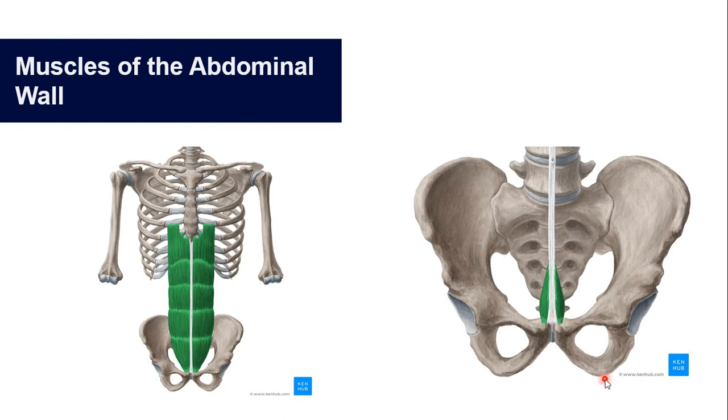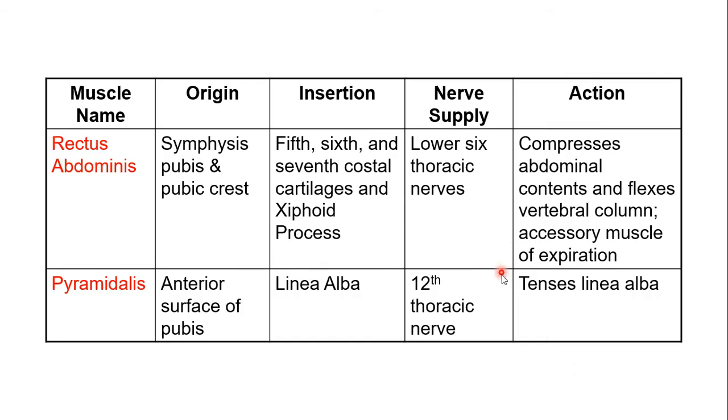Next, we have the nerve supply. Our pyramidalis is supplied by your 12th thoracic nerve, or T12, and it tenses your linea alba. So let's proceed to the functions of our abdominal wall muscles. Generally we have three.